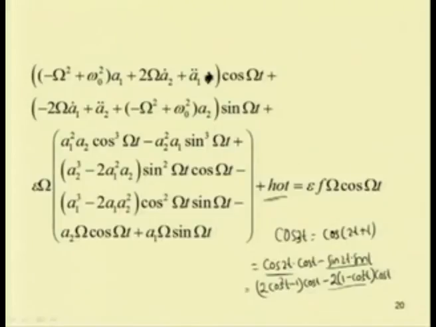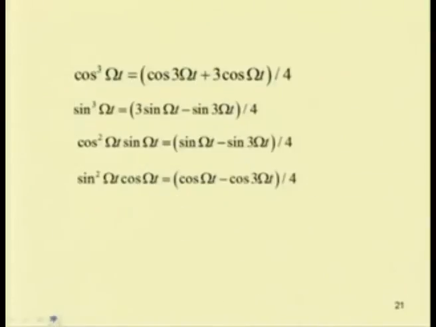By expanding this, one gets 2 cos cube t plus again 2 cos cube t, that is 4 cos cube t, minus 3 cos omega t.